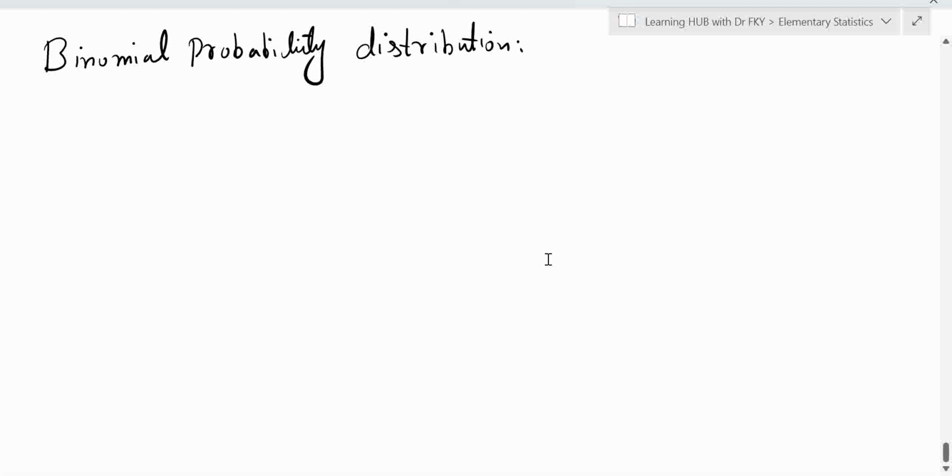Now, before going into the detail, I would like to explain the binomial probability distribution by using an example. Each process in the surrounding or in the environment, you can approximate by some probability distribution.